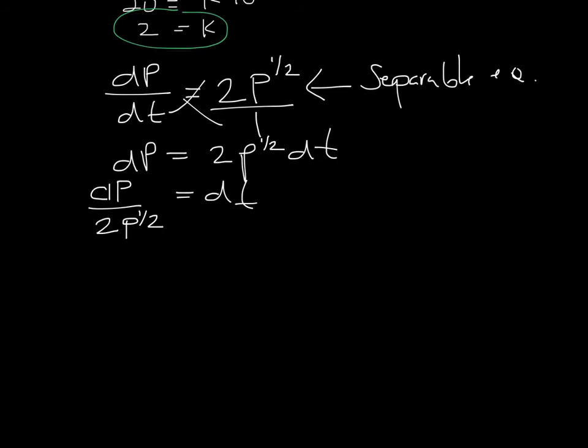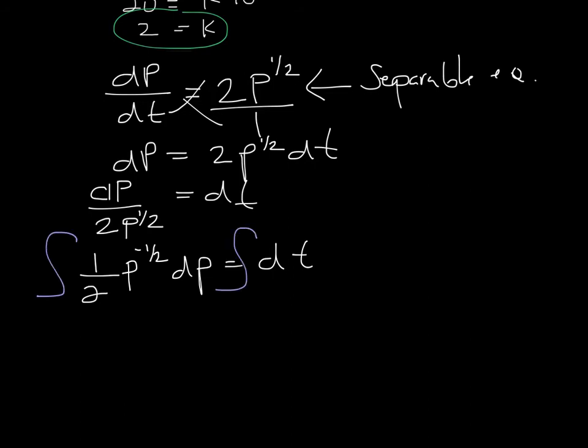Let's write this a little bit nicer. We have 1/2 P to the negative 1/2 dP equals dt. We've separated the variables, so we can integrate both sides, with respect to P and then t. The 1/2 is just a constant, so we can take that out. We get P to the 1/2, where we're adding 1 to the exponent and dividing by 1/2, which really means multiplying by 2, so that cancels the 1/2.